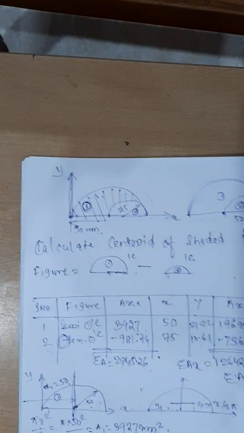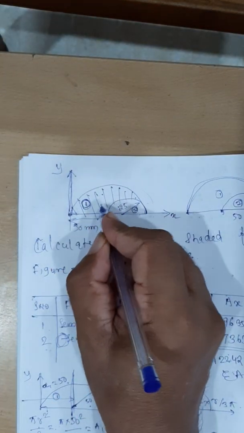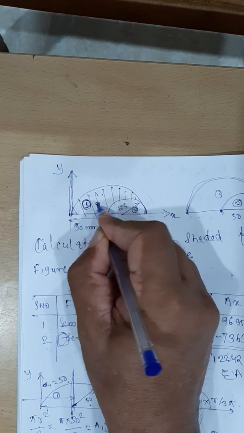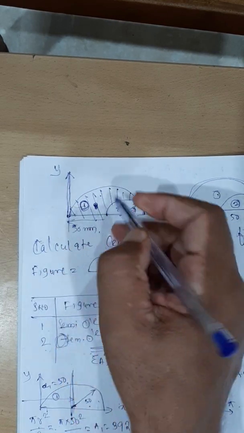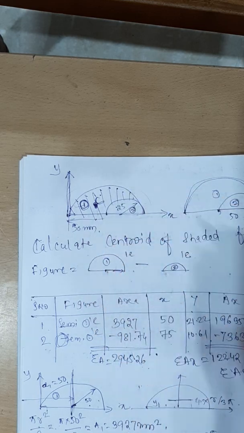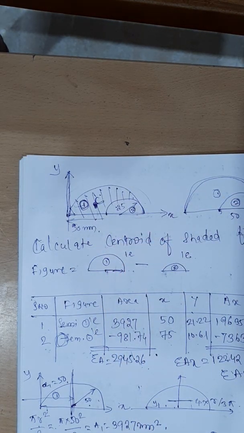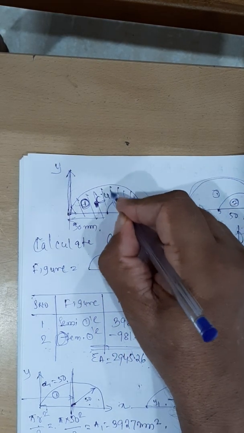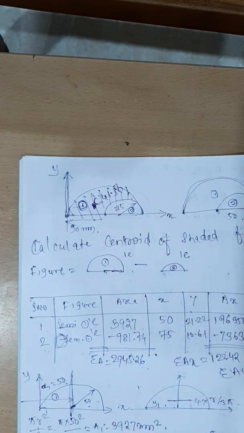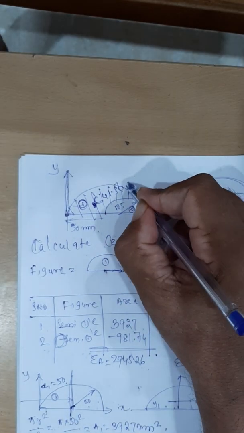What is the meaning of this? This whole figure's center of gravity is located somewhere here. Its coordinates with respect to the x and y lines are: x coordinate is 41.56, and y coordinate is 24.75.